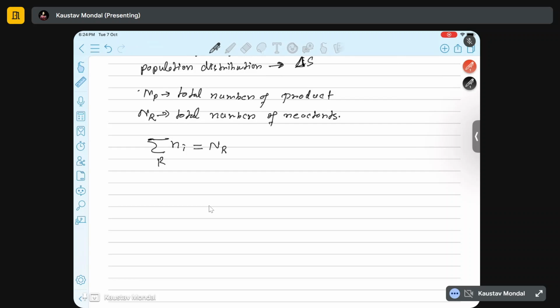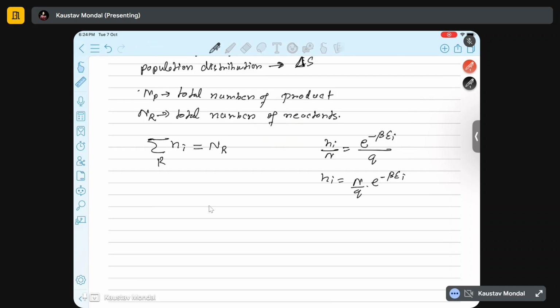So Nr, we can write it like this, right? We know that Ni by N is equal to e to the power minus beta Ei by Q. So Ni will be equal to N by Q into e to the power minus beta Ei.